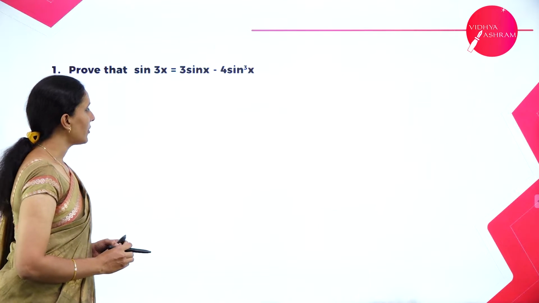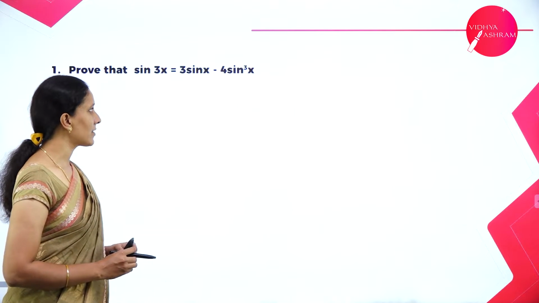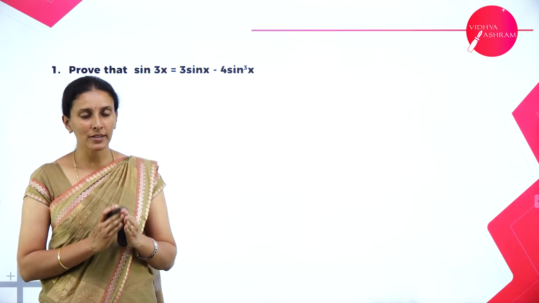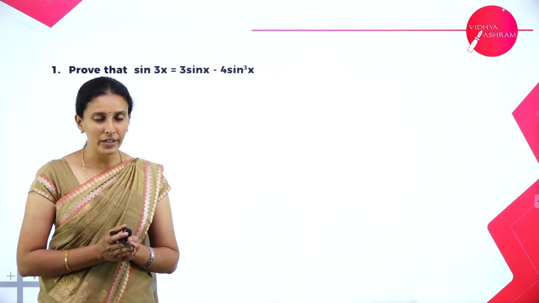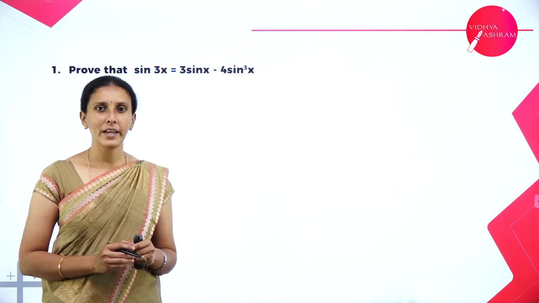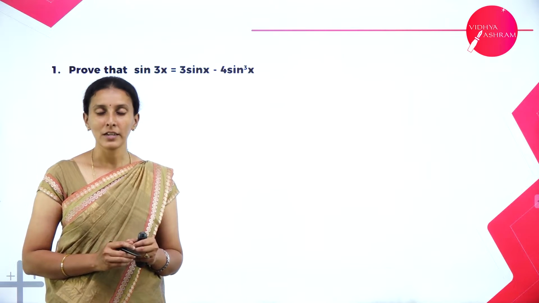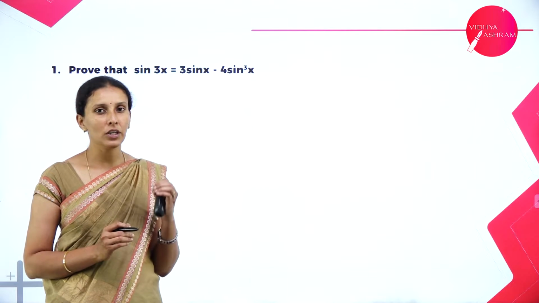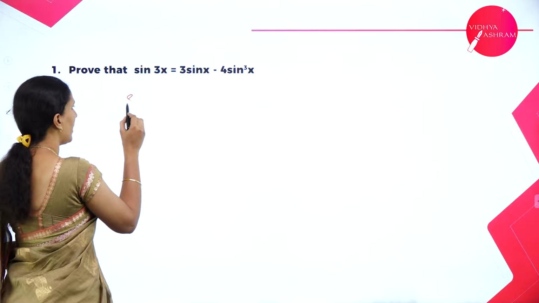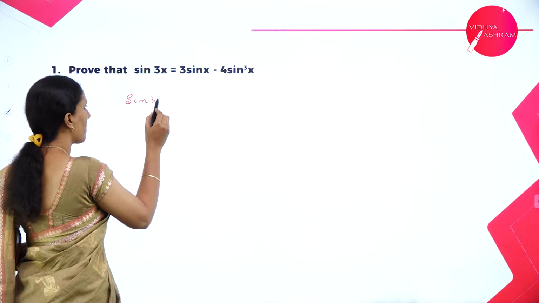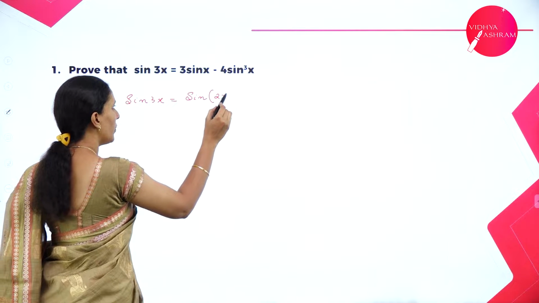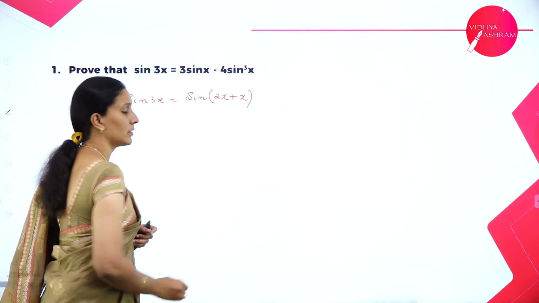Prove that sine 3x is equal to 3 sine x minus 4 sine cube x. We have proved for sine 2x, cos 2x, tan 2x using the formula of sin x plus y, cos x plus y and tan x plus y formula. So here also we will use the compound angle formula only. So we will take sin 3x as sin 2x plus x.